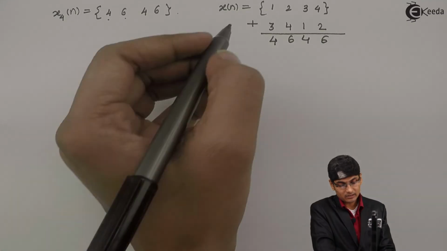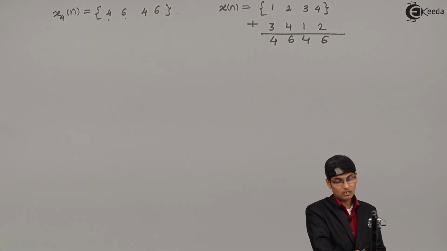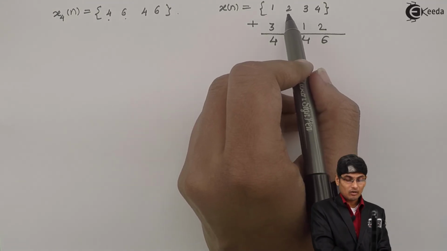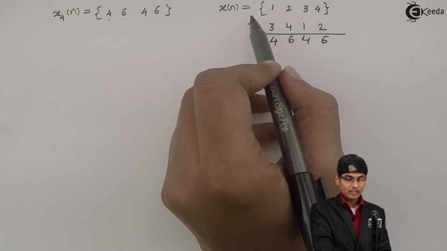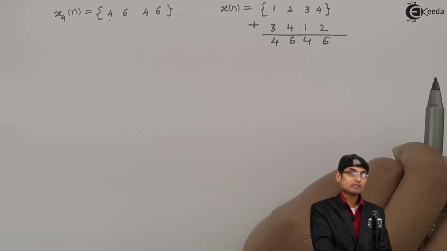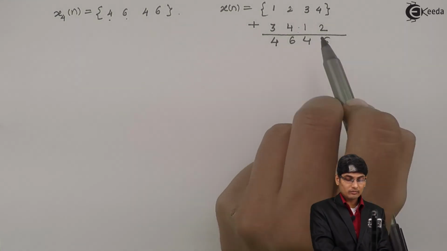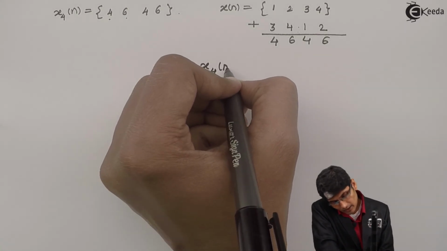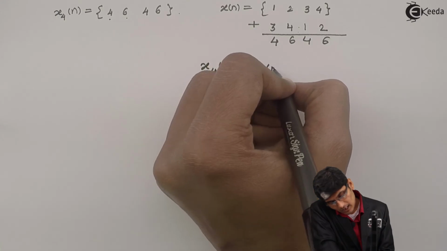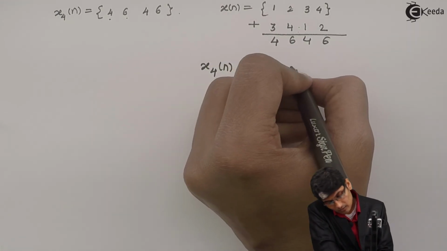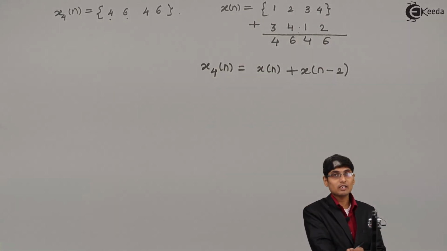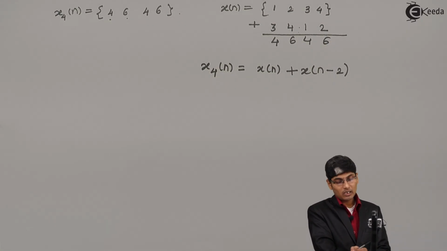But how will I get 3, 4, 1, 2? Now, simple. If I shift the signal twice on the right-hand side, then I am going to get this sequence. And if I add these two sequences, then I am going to get x4 of n. So, I say that x4 of n is nothing but I will get x of n as it is plus x of n minus 2. Okay. So, this will actually give me 4, 6, 4, 6 sequence.